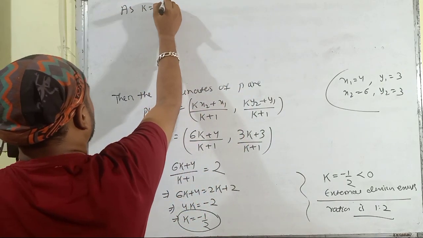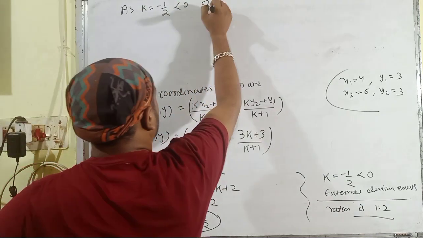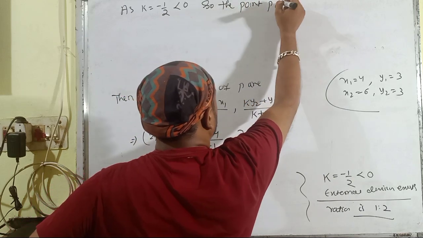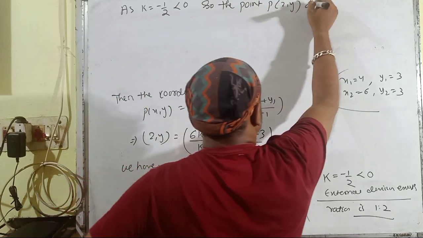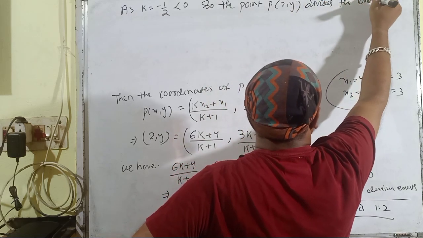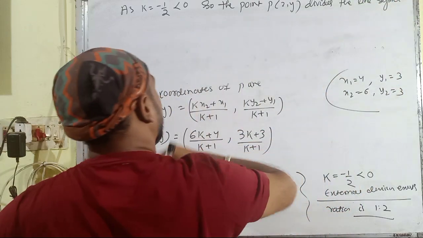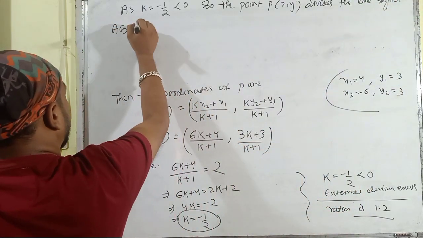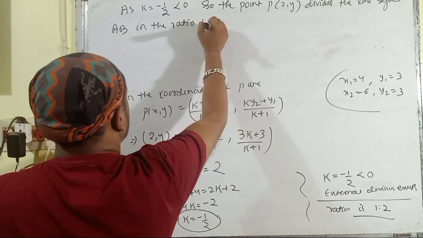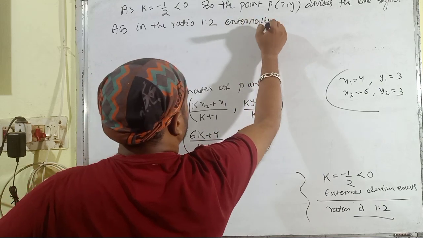As k is equal to minus 1 by 2, less than 0, the point P(2, y) divides the line segment AB in the ratio 1:2 externally.